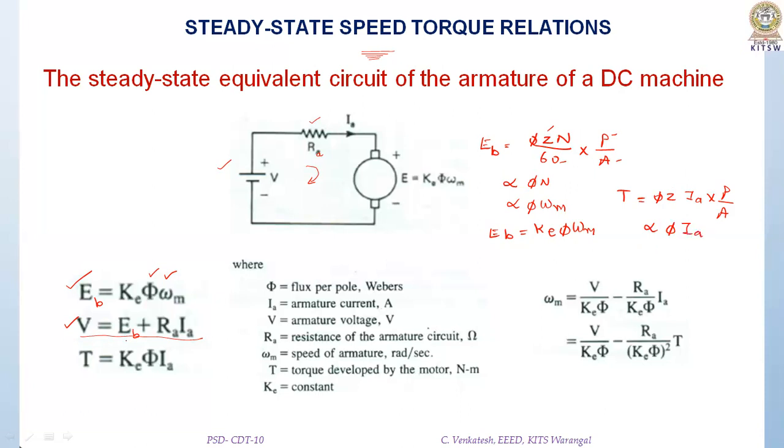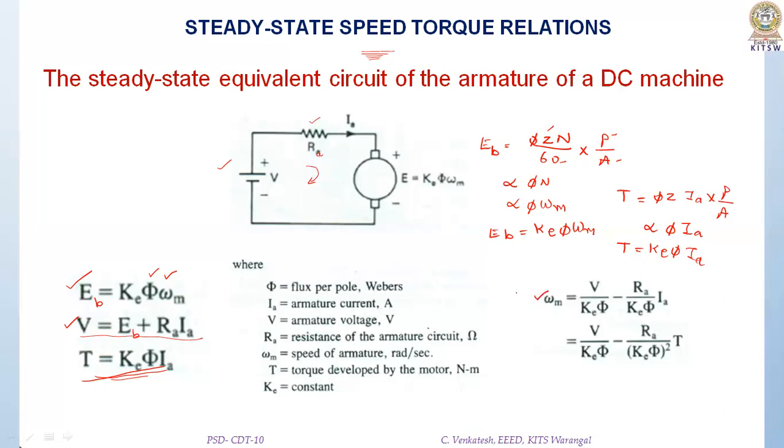Therefore, we can write T is equal to KE phi into IA. So we can get the relation between back EMF, flux and speed, and torque, flux and current.